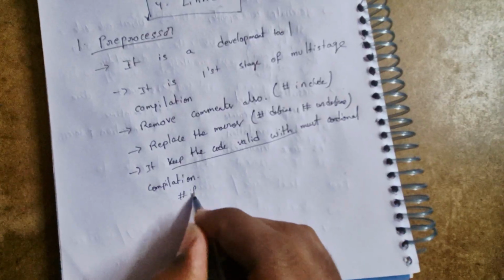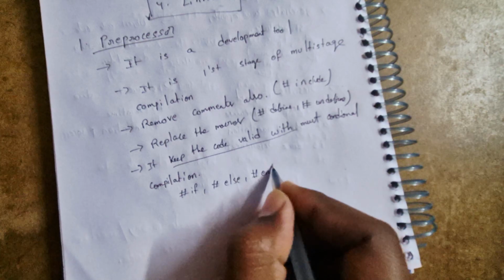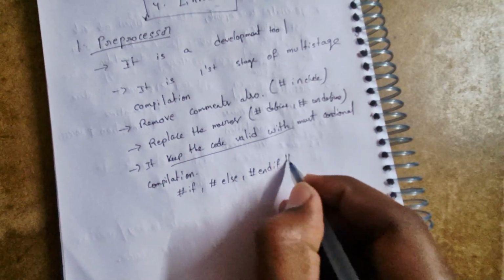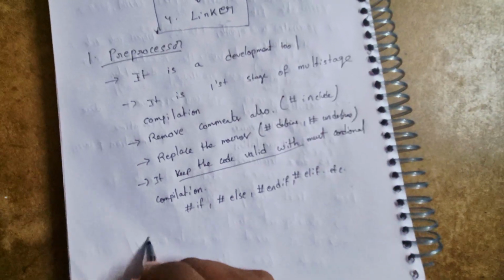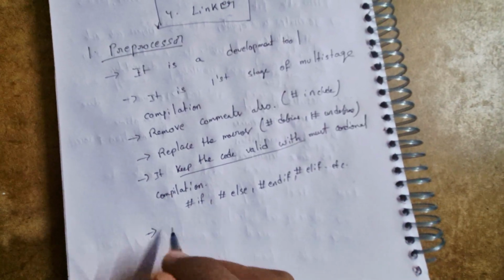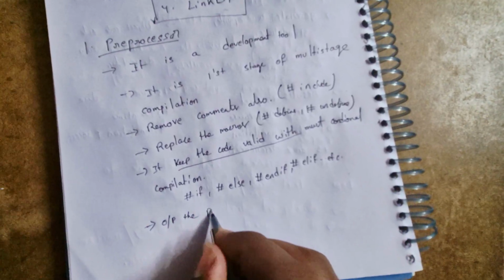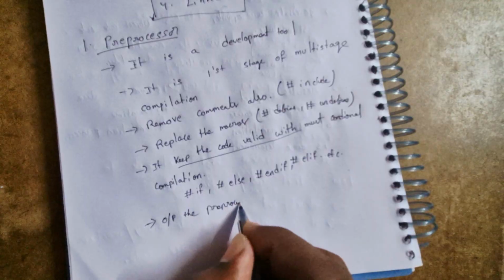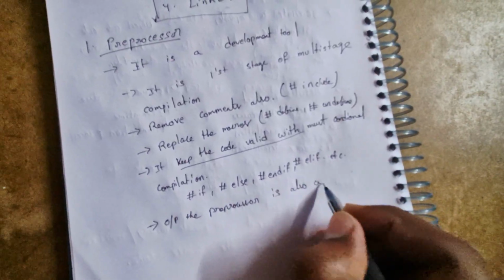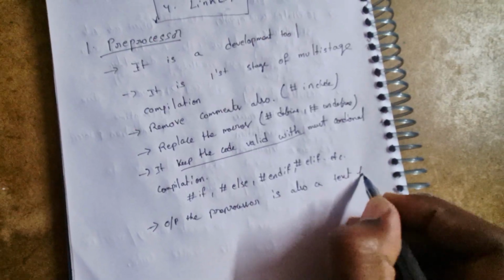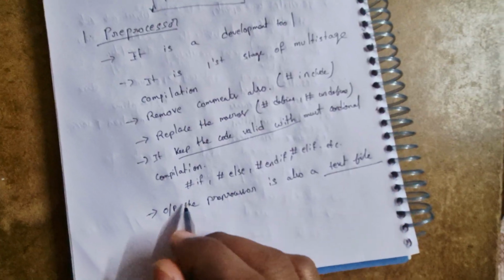As #if, #else, #endif, #ifdef, etc. And after completing this, the output of the preprocessor is also a text file. What is the output? A preprocessed text file. Okay.